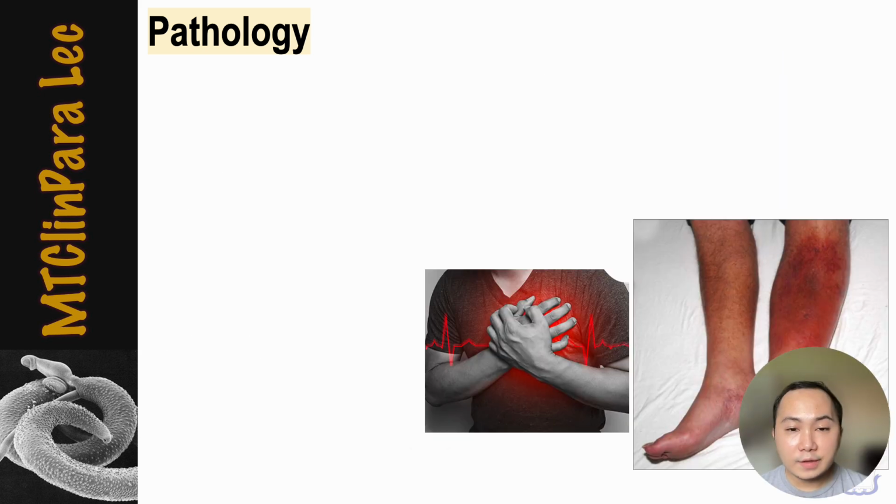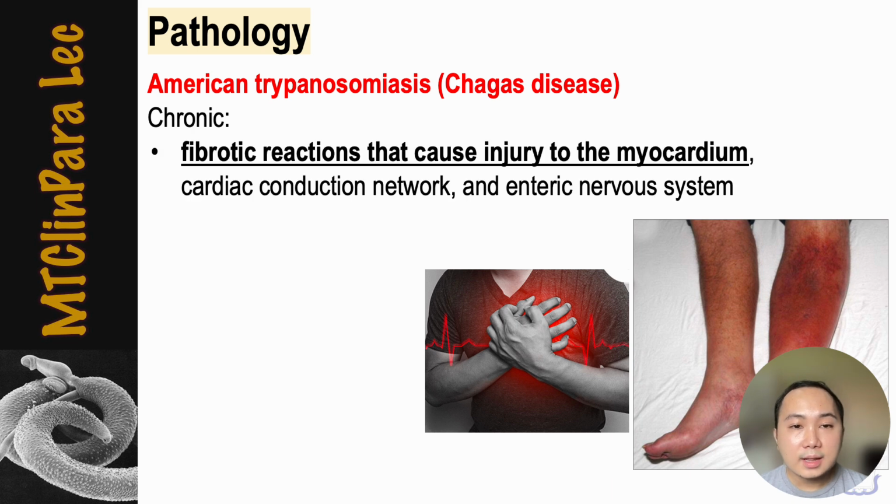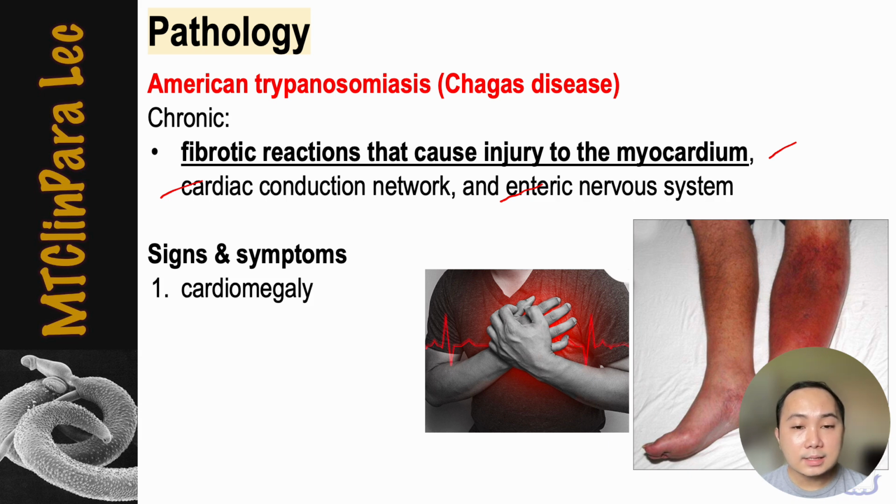For the chronic phase of Chagas disease, this is manifested by fibrotic reactions that cause injury to our heart or myocardium. It may also affect the cardiac conduction network and enteric nervous system. For signs and symptoms, the main organ usually affected by Trypanosoma cruzi is your heart.